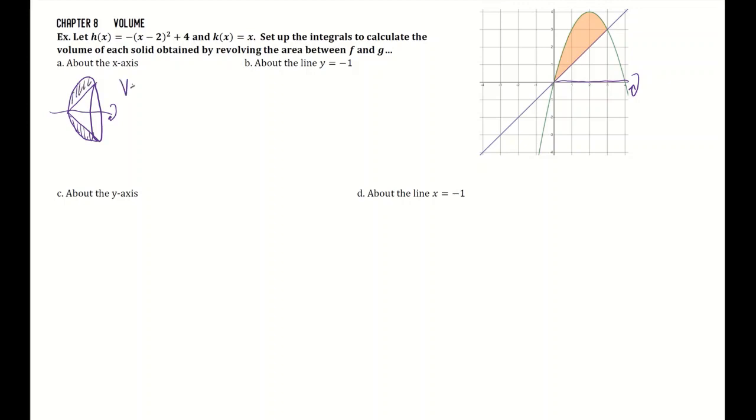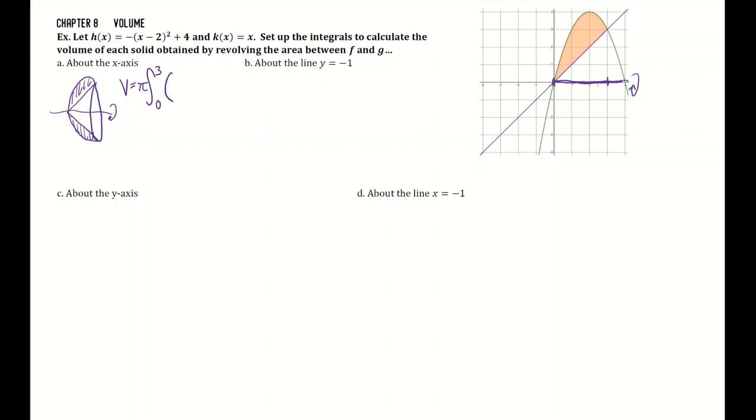So the volume is equal to pi times the integral from a to b. And since we're rotating around the x-axis, I know the thickness will be dx. So my coordinates are going to be along the x-axis as well. So I'm going to go from 0 to 3, since it's the area between them, and my first point of intersection is at x equals 0. My second point of intersection is at x equals 3. So that's from 0 to 3.